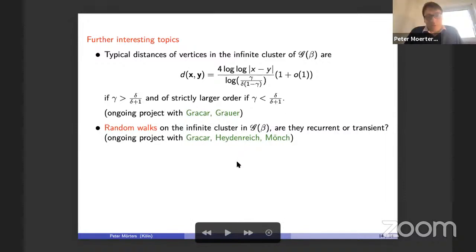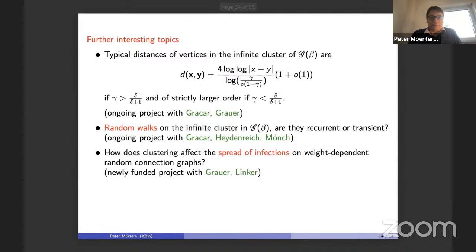We look at further properties of this infinite cluster, for example, recurrence and transience of random walks on the cluster, which is an ongoing project with Peter Grazer, Markus Heidenreich, and Christian Mönch. And in a project which is funded, but still in its infancy, with Arne Grauer and Amitai Linker, we'll look at the spread of infections on these graphs.